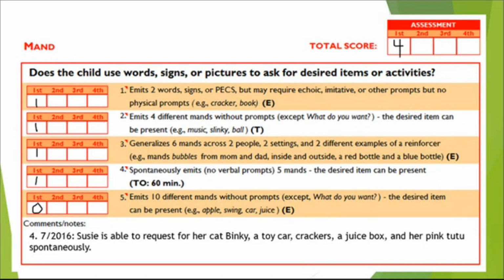The very first one gets the score of a 0, a half a point, or a 1. The compilation of all 5 of these gets put up into this total score box right here, for that first running of the assessment.